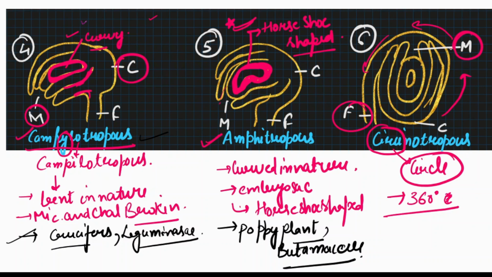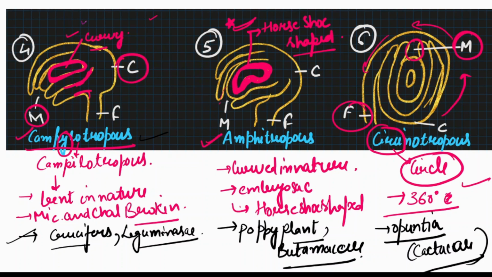It forms 360 degrees. An example of this type is the very important plant Opuntia, the cactus plant, in the family Cactaceae.